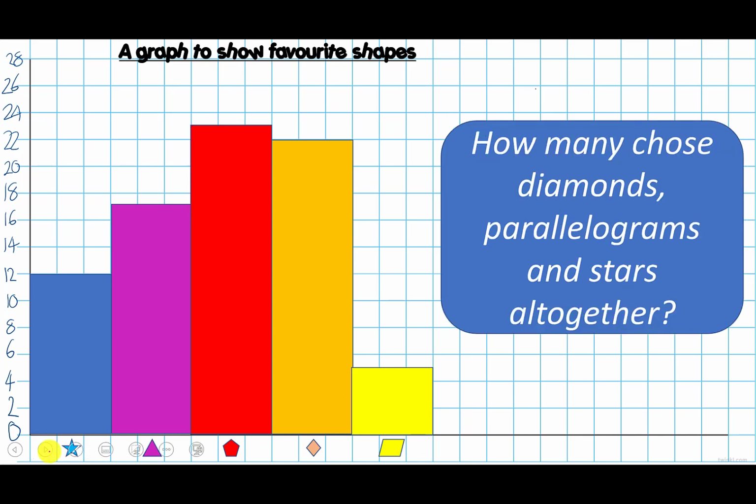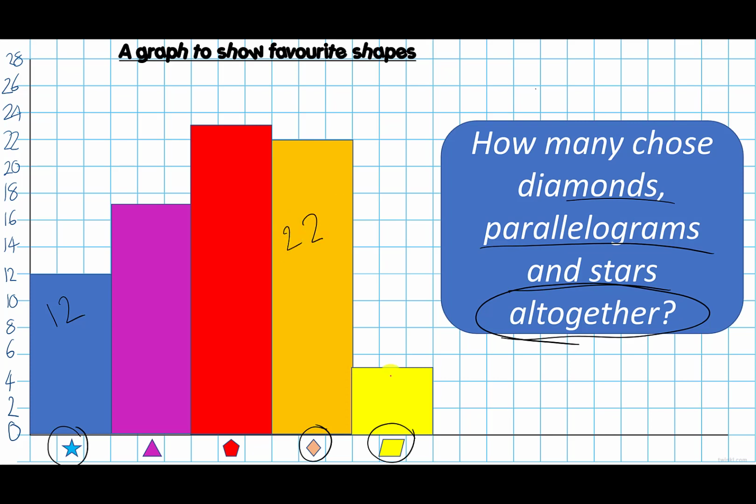How many chose diamonds, parallelograms, and stars all together? So diamonds, parallelograms, and stars all together. So here we need to add them up. So I have 12 for stars, 22 for diamonds, and 5 for parallelograms.